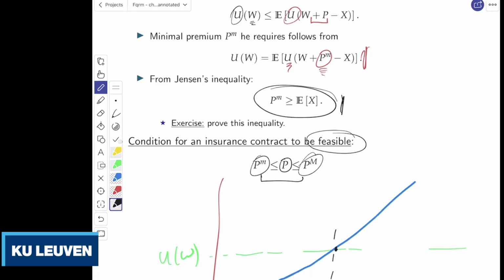So the insured individual is willing to pay more than expected loss, because you are very happy that you get rid of your loss, so you want to pay a bit more. The insurer is requiring a loading to take on the extra risk, because also the insurer is risk averse, so he wants to get some compensation for the variability that he takes on, and that compensation is exactly this difference. The difference between the premium he requires and the expected loss. All right.